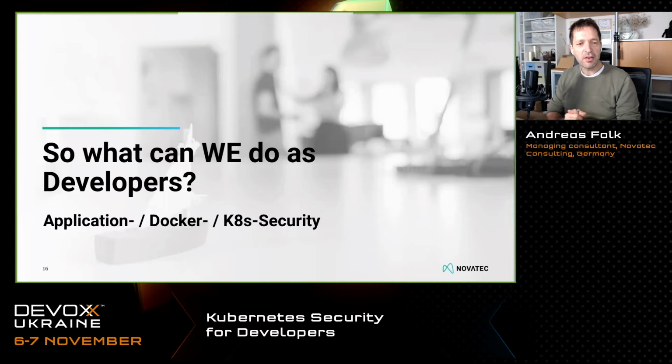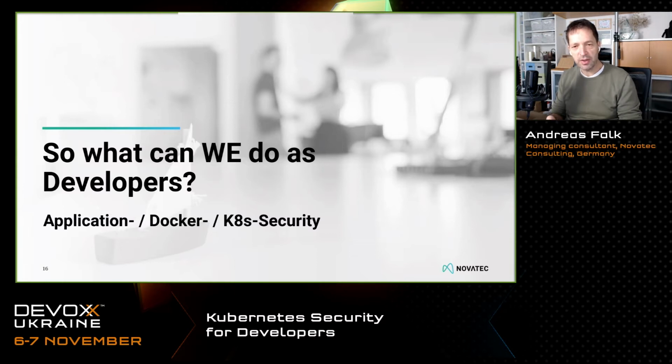So now that we have seen all the risks that can be caused by containers and Kubernetes, what can we as developers do in that case? We will not talk about all that infrastructure basic stuff. We won't talk about firewalls, VLANs and networks in general today.